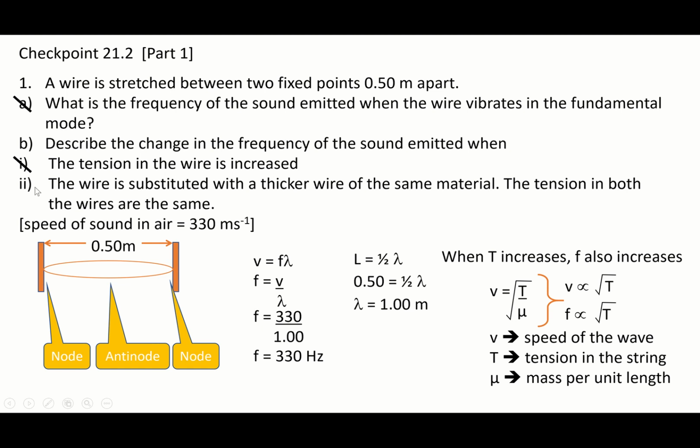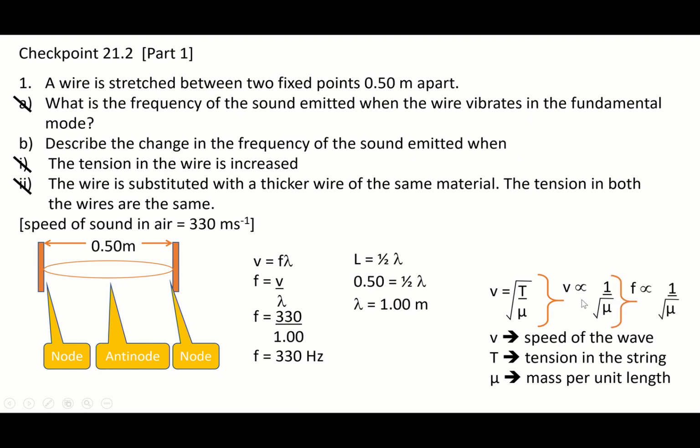Okay, next we are going to discuss B2. The wire is substituted with a thicker wire of the same material. The tension of the wires is the same. From the same equation, v equals square root of T per mu, v is inversely proportional to the square root of mu.